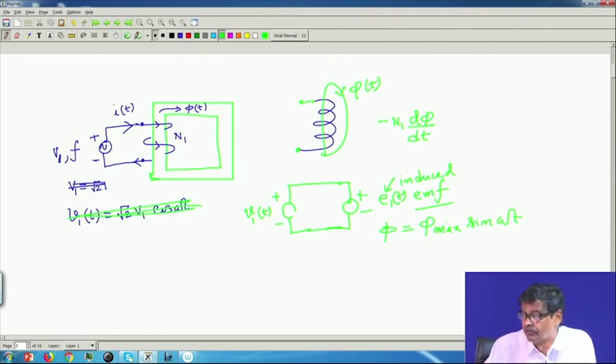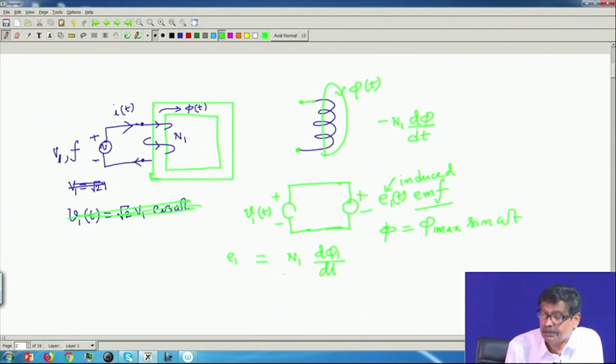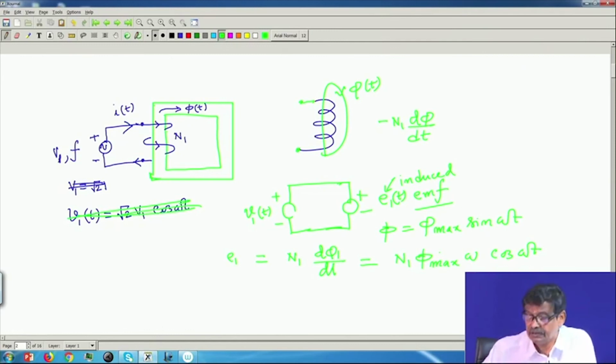If that be the case, then the induced voltage in the coil E 1 will be equal to N 1 d phi by dt. If you differentiate this, it will become N 1 phi max omega cos omega t. This will be the value of the induced voltage, is not?